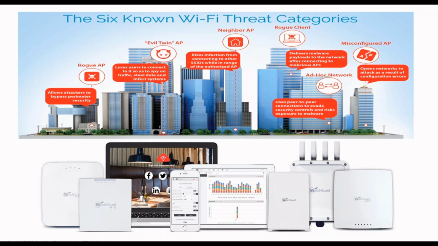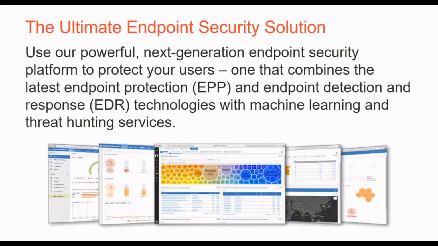So the second tip for you here is to try to use a secure Wi-Fi solution from WatchGuard. The last thing that I have for you here is endpoint security. And this is the latest addition to the WatchGuard family of solutions.